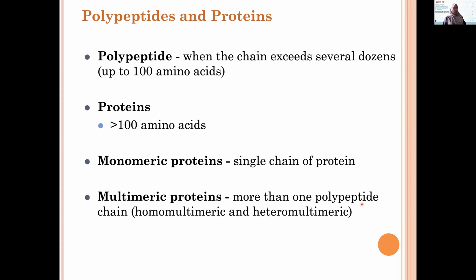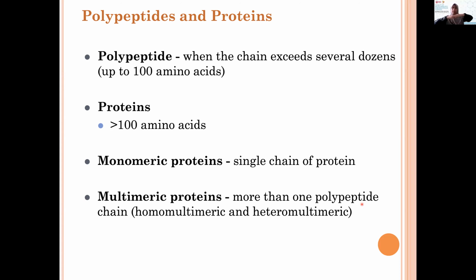For example, insulin, later we go for insulin as an example. Insulin will have 2 polypeptides, one chain and then the second chain. One is with 20 amino acids maybe, the second one with 31 amino acids. So even the sizes are different.